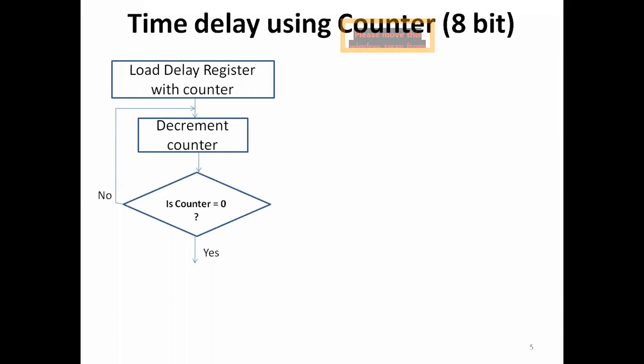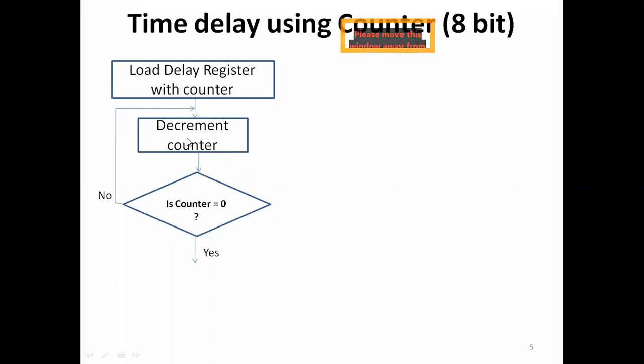So the time delay using the 8-bit counter, the flow chart of that is here, in which we will be using one register, and that register will be loaded with the counter value. We decrement the counter and we check whether it has become 0 or not. If it has not become 0, it will go ahead, decrement the counter again, check the counter, and this process will go on.